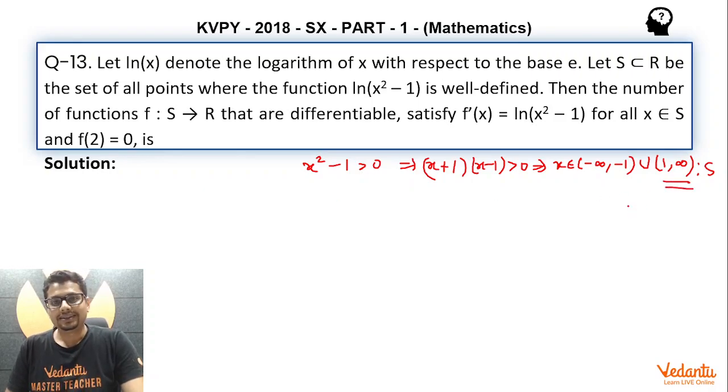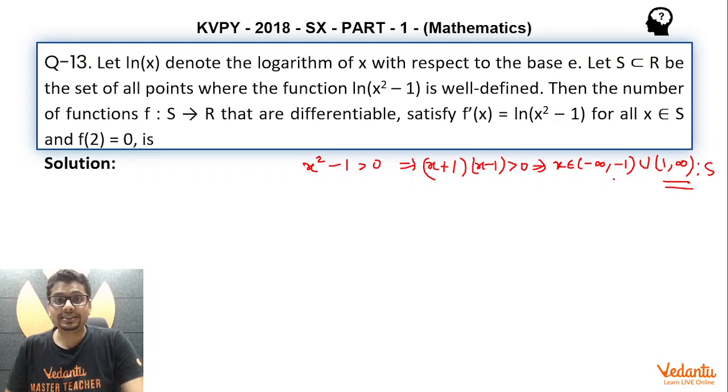So that means the arbitrary constant corresponding to this interval we would be able to fix. However, what about the arbitrary constant related to this interval? Of course, this is a first order differential equation, so there will be only one arbitrary constant. So for this interval, we would be able to fix the arbitrary constant, but not for this interval.